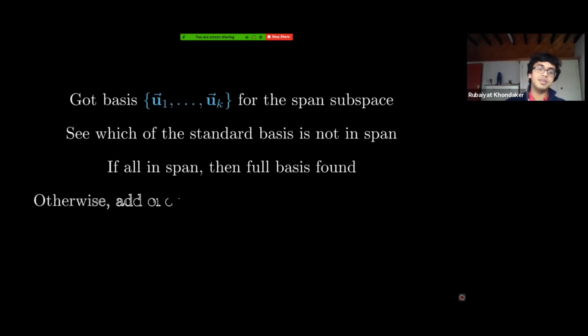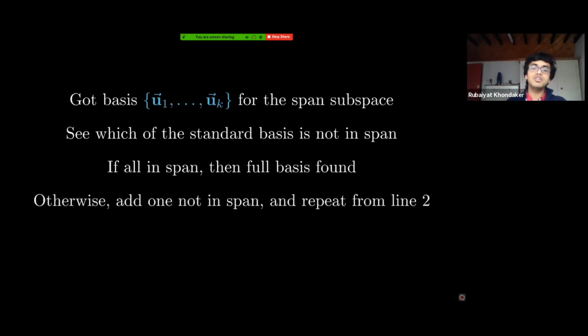So we're happy. Otherwise, you just add one of the standard basis vectors that's not in the span, and you repeat from this line. Eventually that will let you get a basis of the whole space. And you can just apply Gram-Schmidt again to get an orthonormal basis.